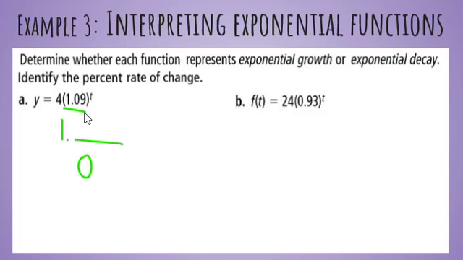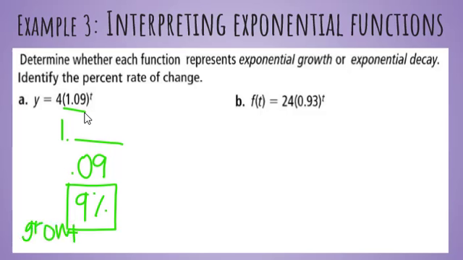So after the 0.09, this is going to be 9% as my rate of change. And when you have 1 point something, again, that's going to be exponential growth. So we have 2 answers for this problem.